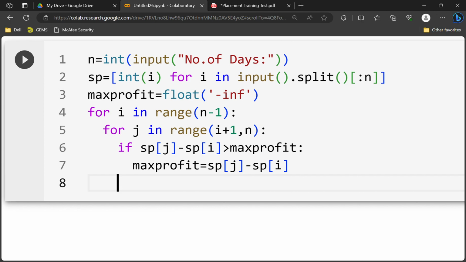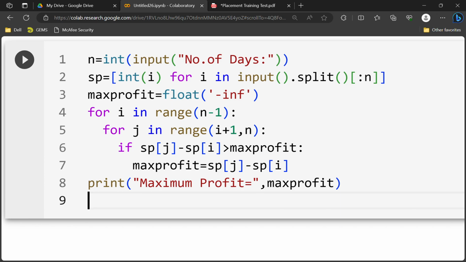So the maximum profit will be stored in the max profit variable. Now you can print: maximum profit equal to, comma, max profit.